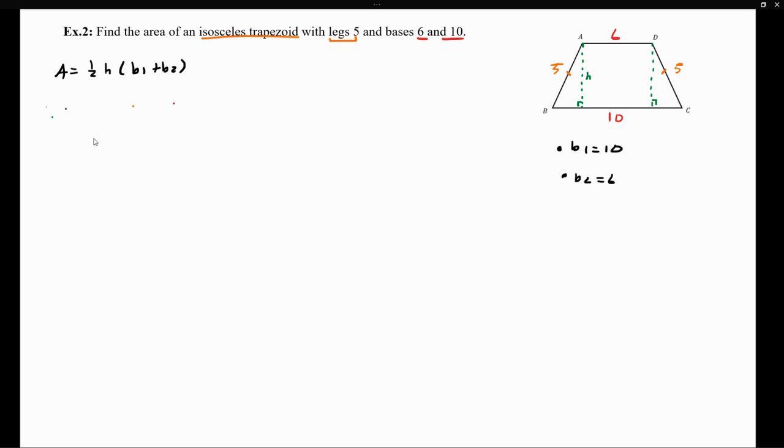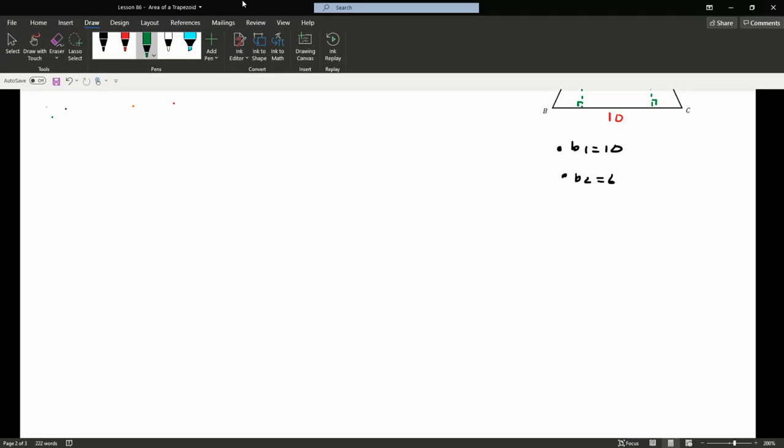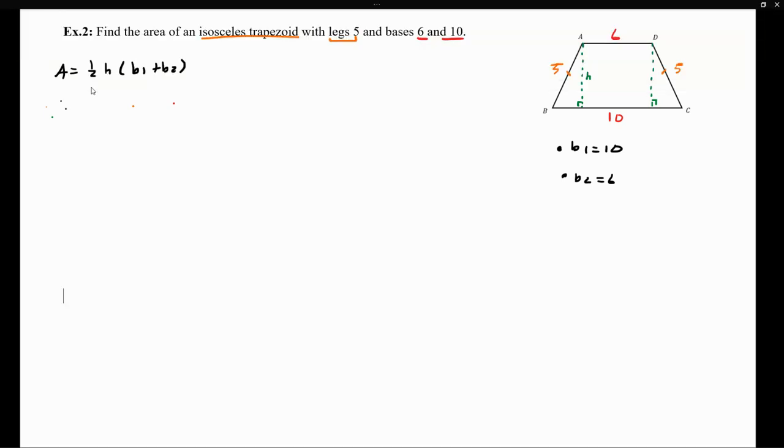Now let's think about this. Since this is an isosceles trapezoid, I can find the value of this line segment here. So let me call this point R, and this line segment here, let me call this point S. If the whole base is 10 and A to D is 6, so from here to here, this has a value of 6.